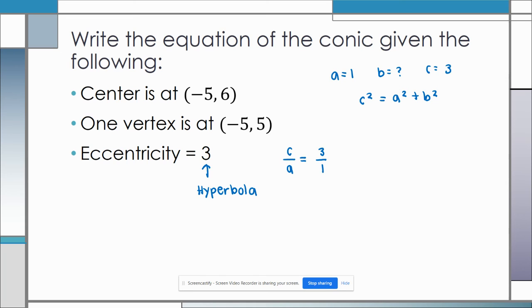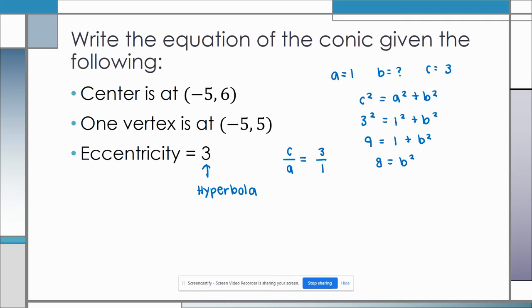I can plug in the numbers that I know and I can solve for b. So I know that 3 squared equals 1 squared plus b squared. Well, 3 squared is 9, 1 squared is 1. I have to move the 1 over by subtracting, so I get that b squared equals 8.